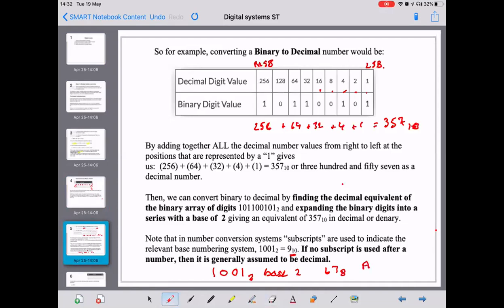We could have 1F base 16, which is called hexadecimal. We're not going to go into those numbering systems. They're just examples. Okay. But what we're interested in is the decimal system and the binary system. All happy for me to move on?